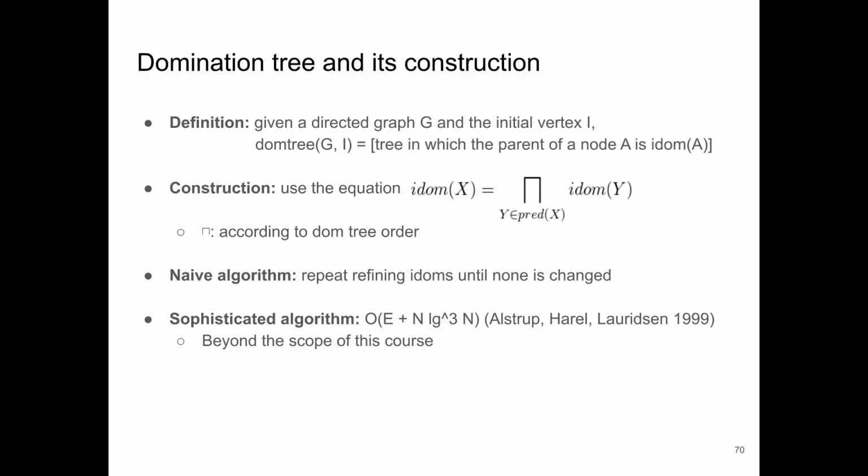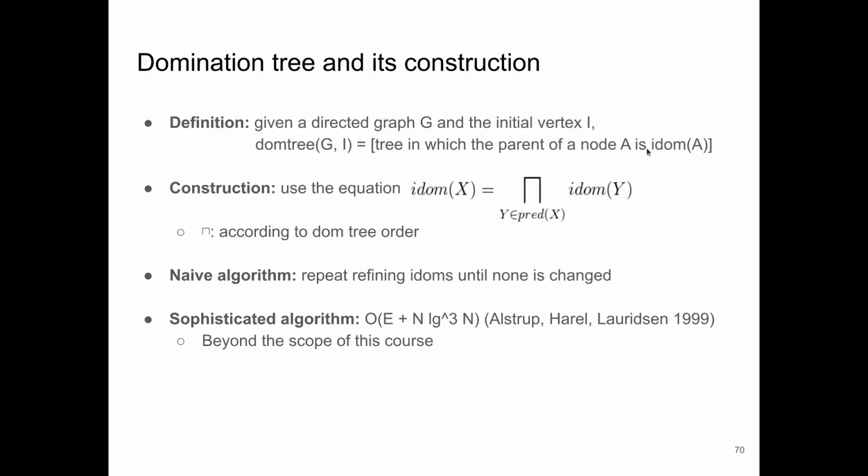And the immediate dominator of x should be the least element of the dominators of the predecessors of x. So this is the property we have for the dominator tree.